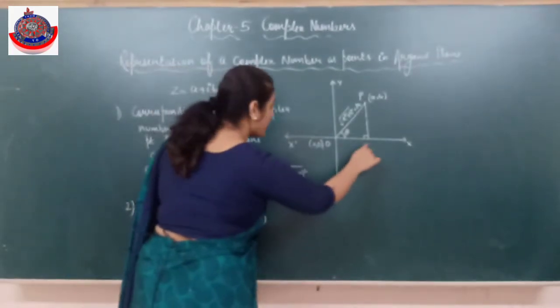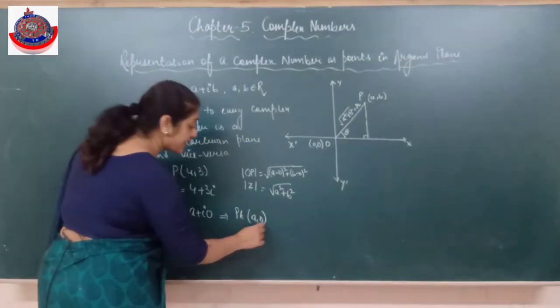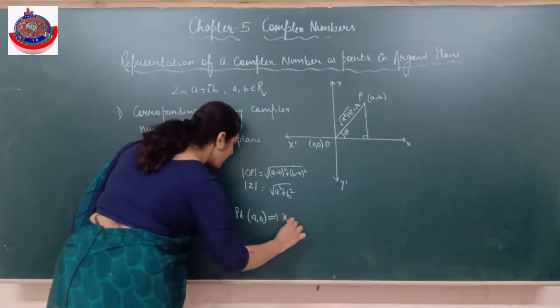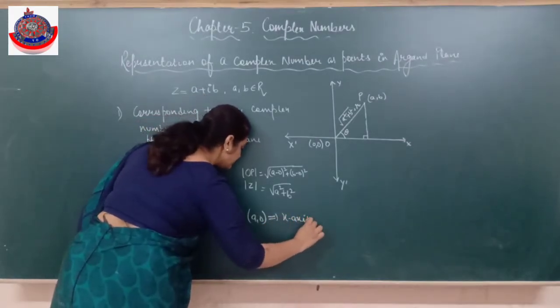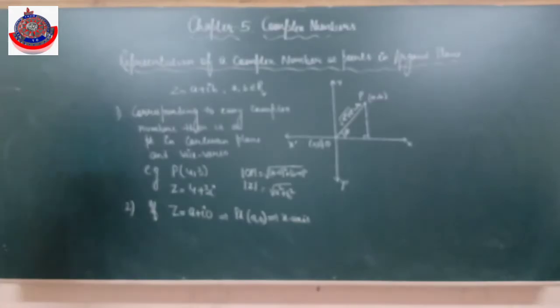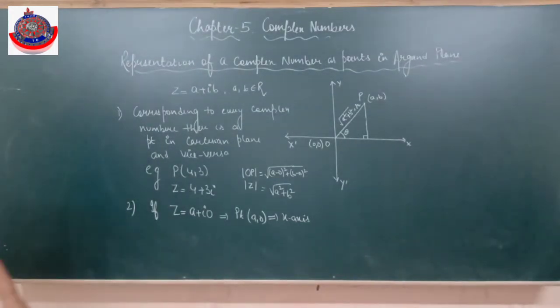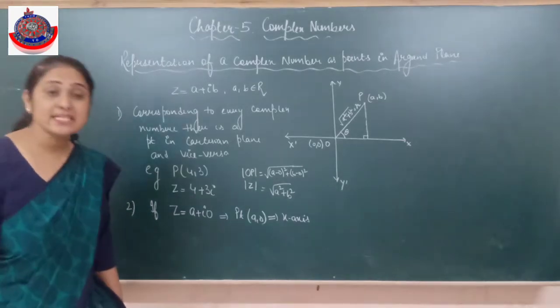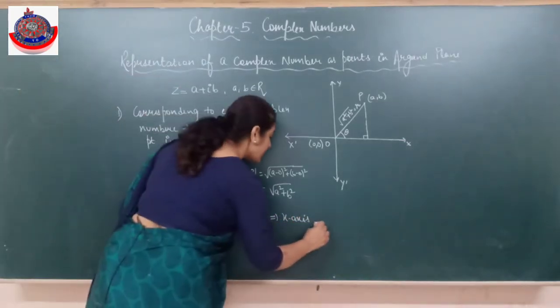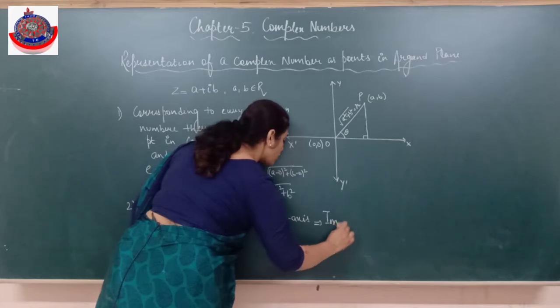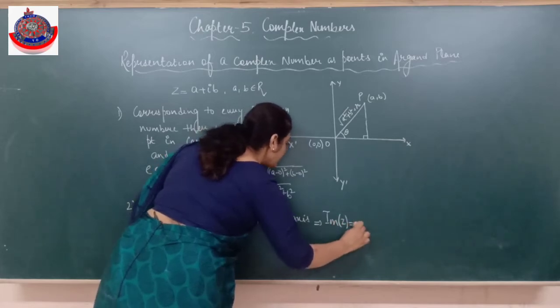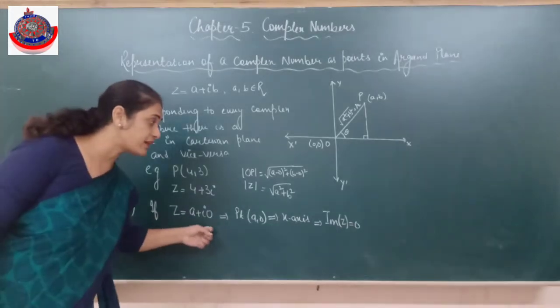The point A0 lies on x-axis. The value of y is 0, the point will be on x-axis. If the complex number is of the form z is equal to a, that means if the point is on x-axis, it means the imaginary part of the complex number is 0. Any point which is on x-axis, the corresponding complex number's imaginary part will be 0.